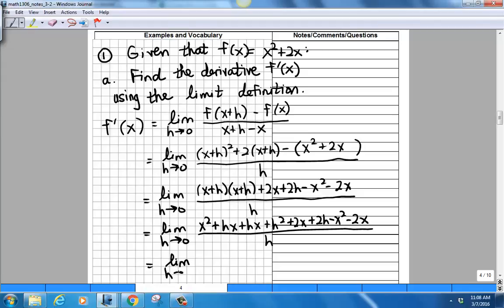And if you've done this right, a bunch of things in the numerator are going to disappear. If you've done it wrong, you should start having a sinking feeling, because a bunch of things in the numerator will not disappear. That's always a signal that you need to go back and check your work again.